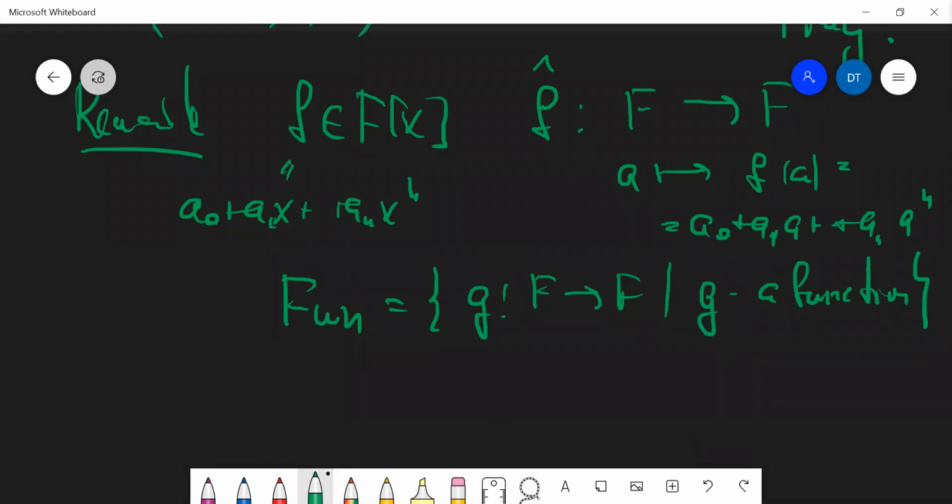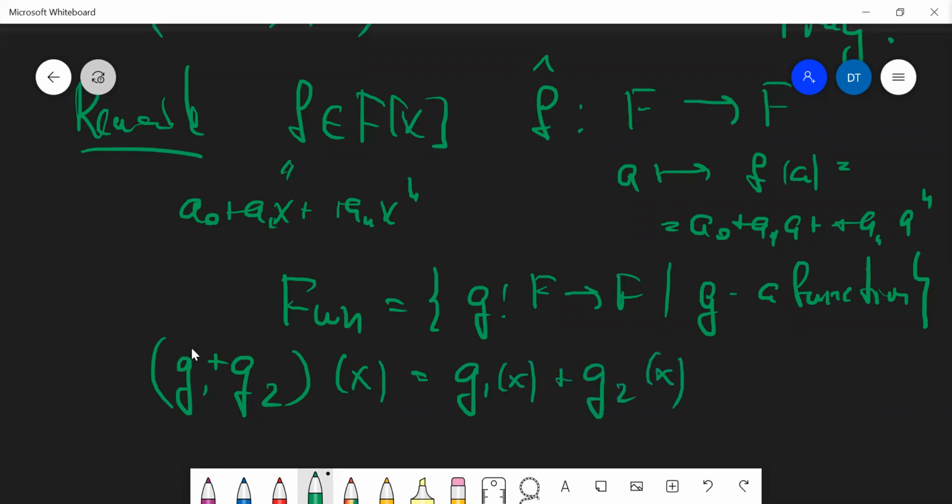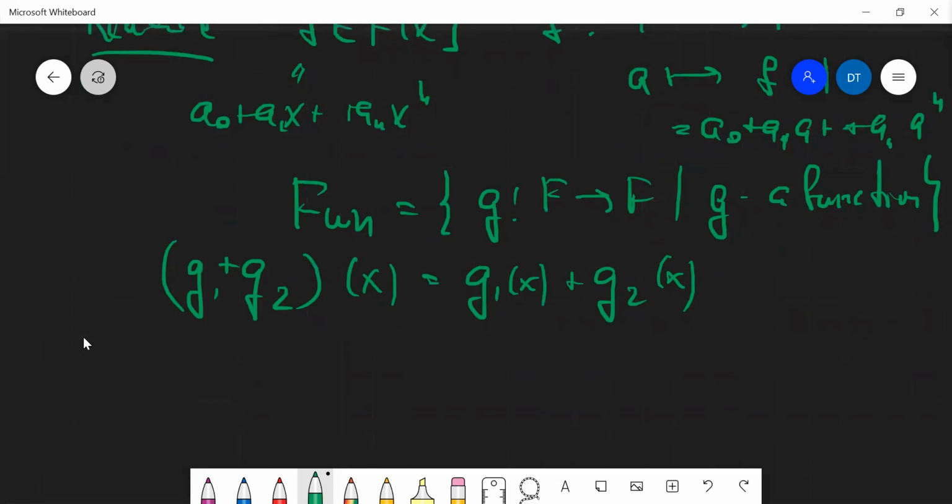If we have two functions, g1 and g2, how do we add them together? The sum of two functions on an element x is defined as g1(x) plus g2(x). So it's just the usual sum of functions that we use in calculus. And we may define the product of functions in a similar way. It's just the product of the results of these functions.